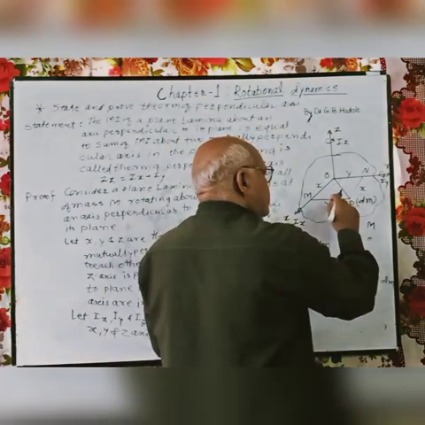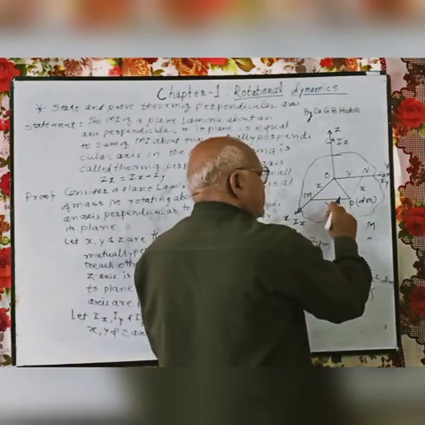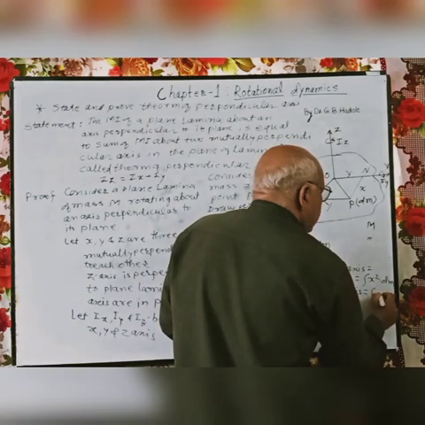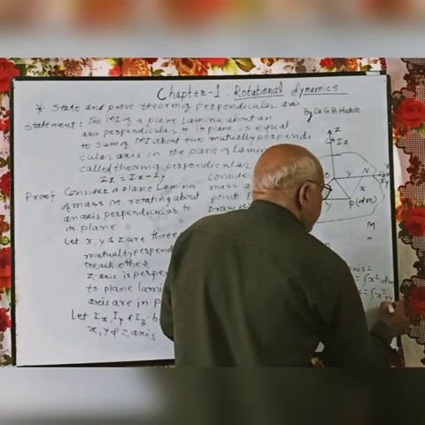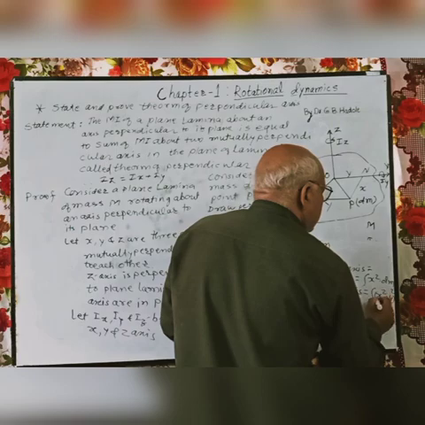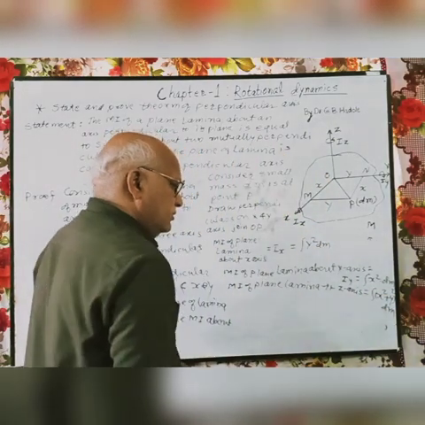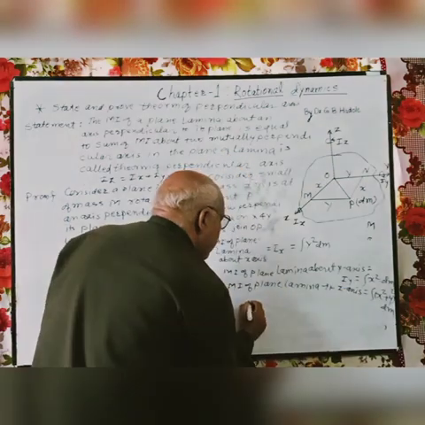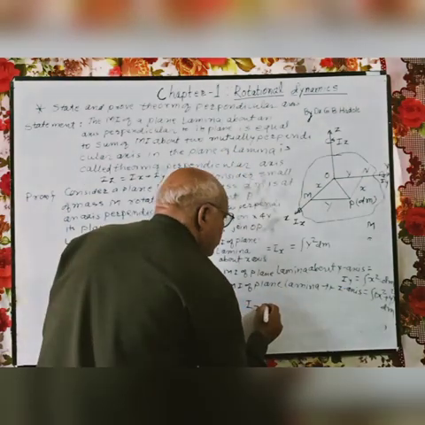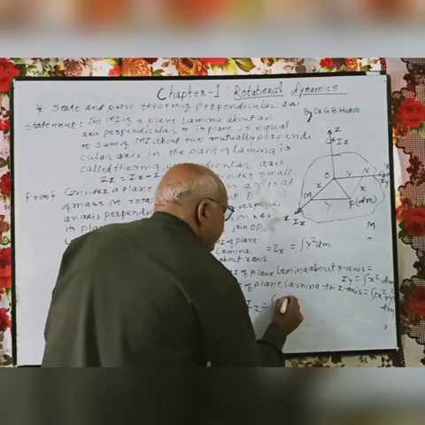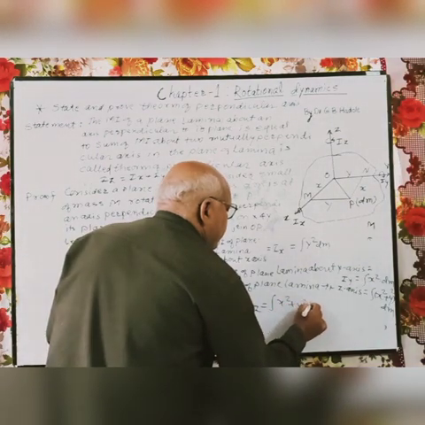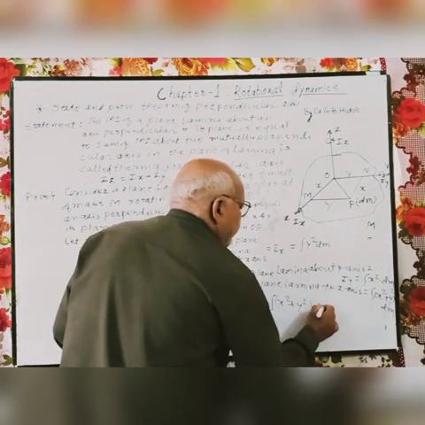Now this distance is x square plus y square, so it is x square plus y square into dm. So we write Iz equal to integral x square plus y square into dm.